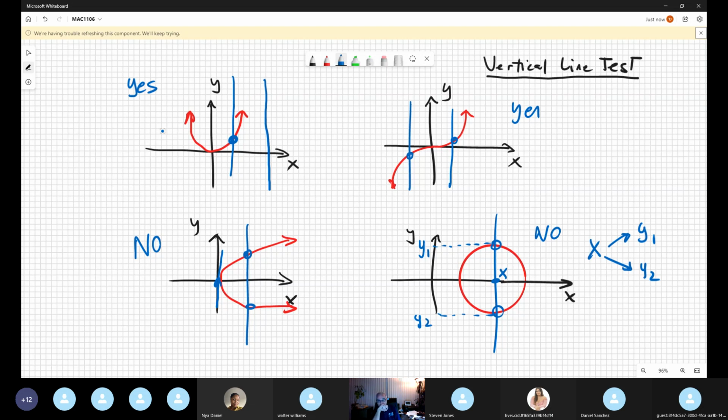Cool? So in the test, I give you one graph, and you need to investigate if it's a function or not. The only thing that you should do is apply the vertical line test. If it passes the test, it's a function. If it fails the test, it's not a function. Okay?